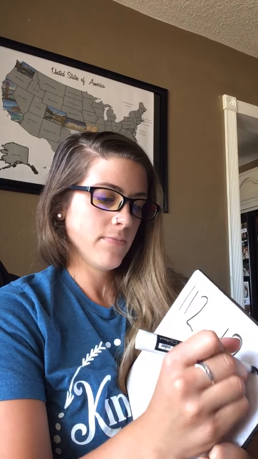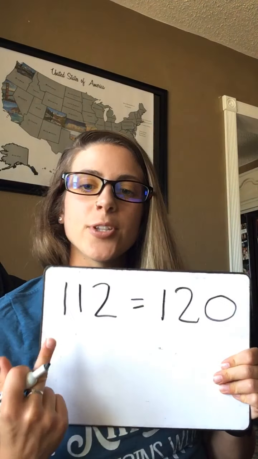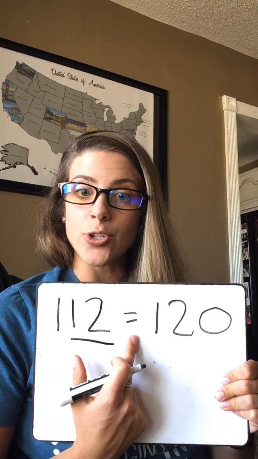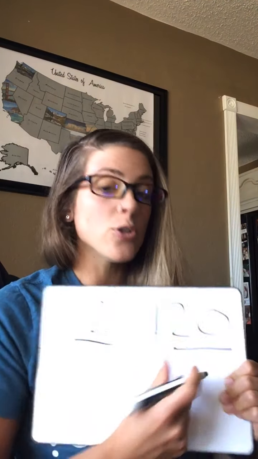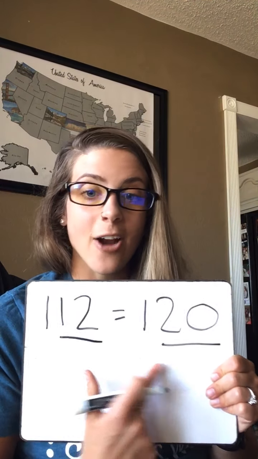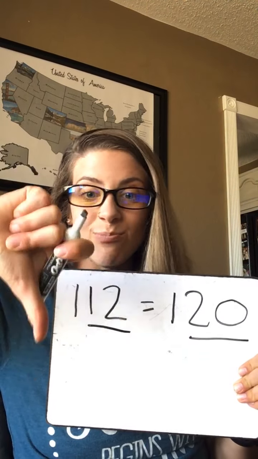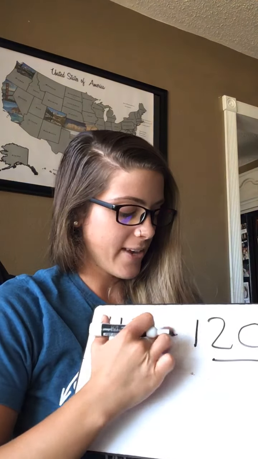All right, let's practice one more. I'm going to try to be sneaky. Ooh, I know. All right, let's read the numbers. 112 is equal to 120. Are those the same numbers? No, so that'd be a thumbs down. Nope, not the same. Let me fix it. Let's see.